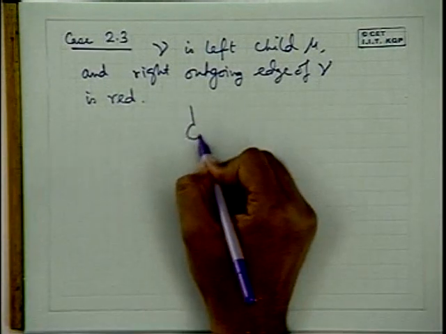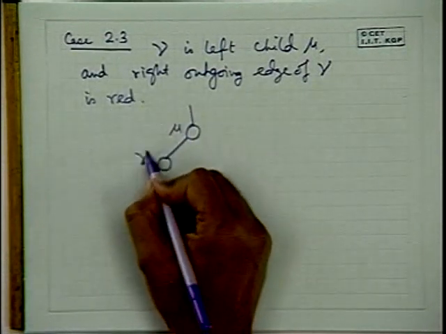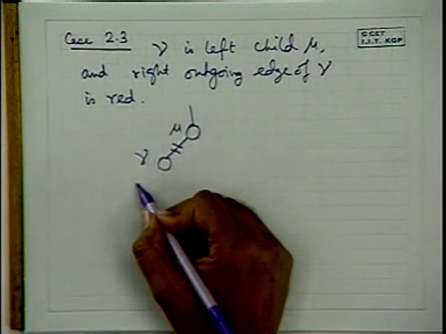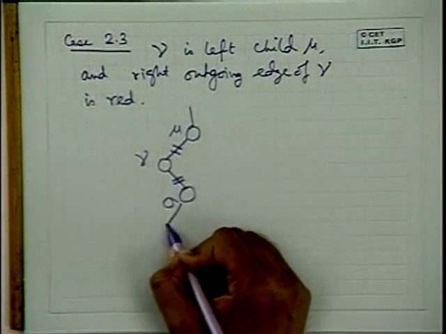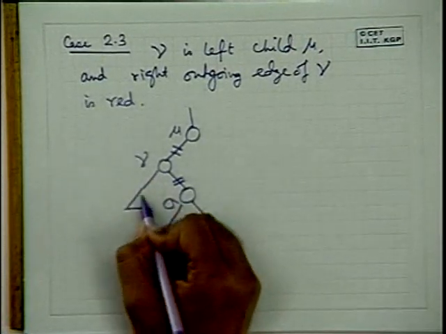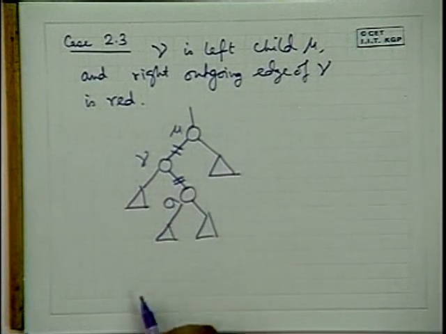Okay, so this is the situation now. So this is mu. So nu is the left child which is red. Now instead of left child of nu becoming red, its right child is now red. Yes, somebody said it very correctly. So this is the situation now.